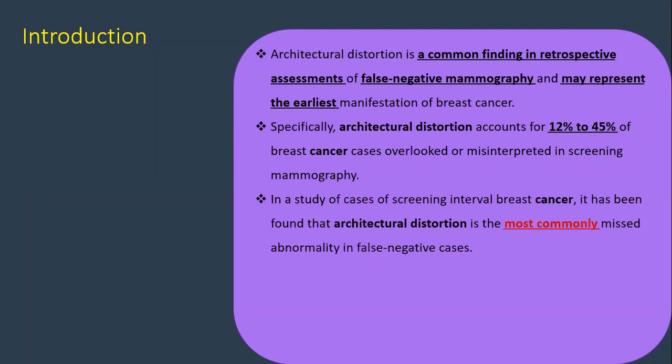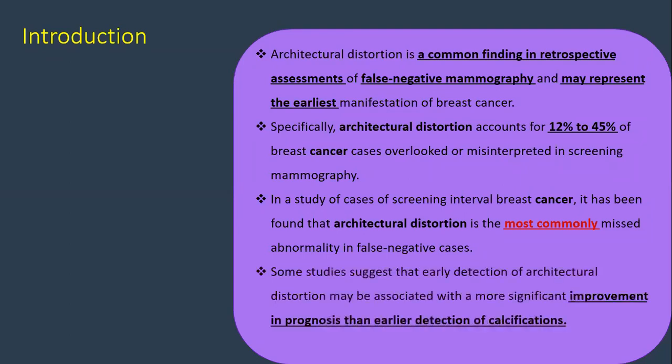In a study of screening interval breast cancers, it was found that architectural distortion is the most common missed abnormality in false negative cases. So when they reviewed the misinterpreted or false negative mammography, they found the most common missed abnormality is architectural distortion.